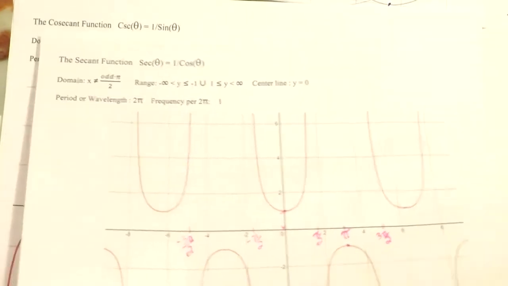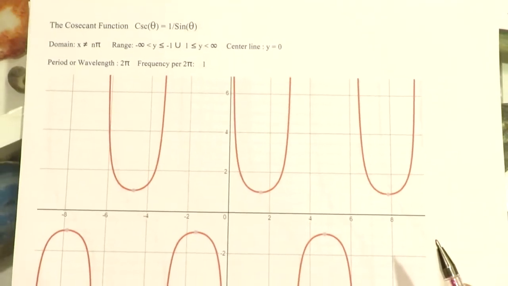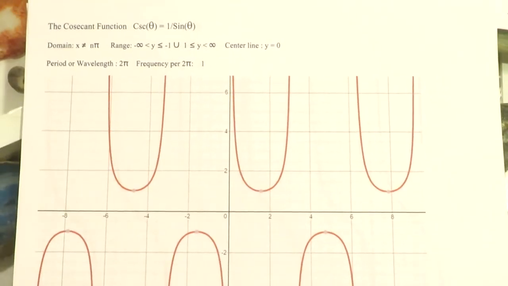Now cosecant is sine's reciprocal. I know it kind of seems like those two are reversed, but cosecant is sine's reciprocal. So where sine is 0, you're going to have vertical asymptotes, and that will be at any multiple of pi. So n times pi are where the vertical asymptotes are.